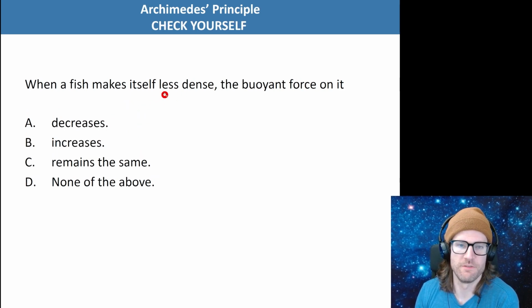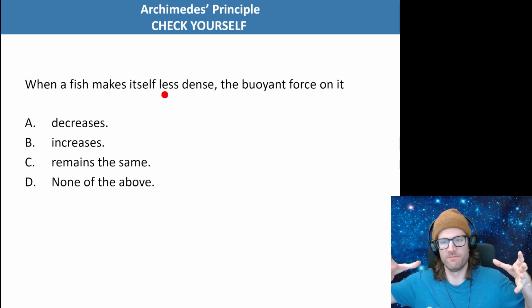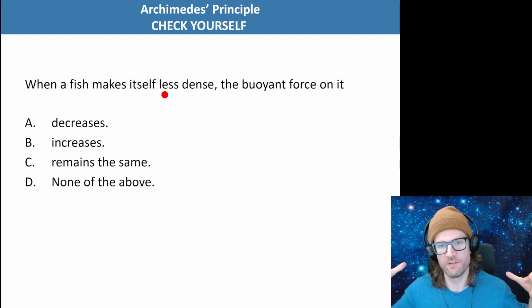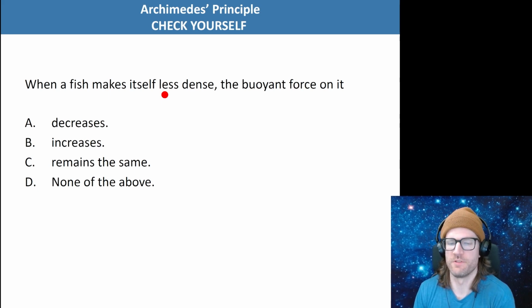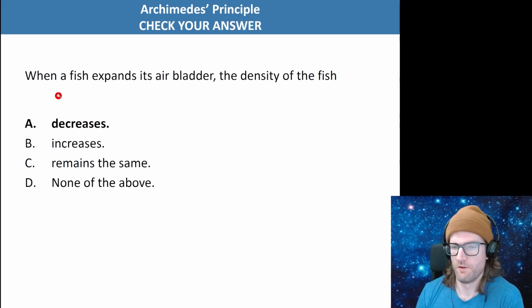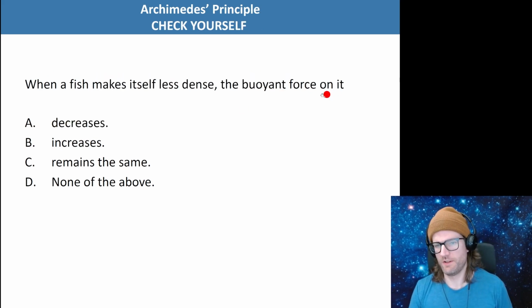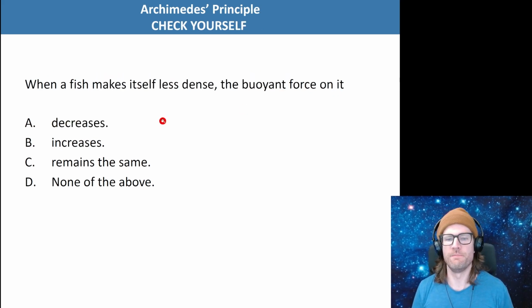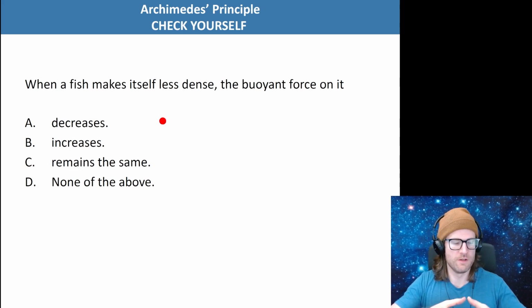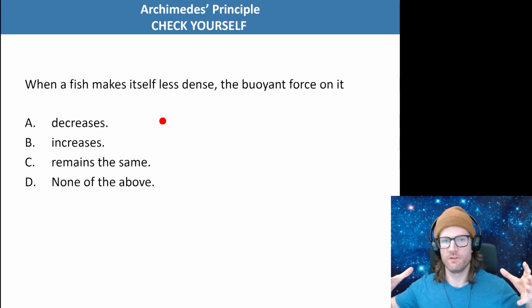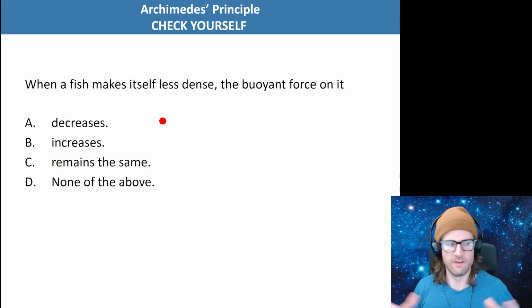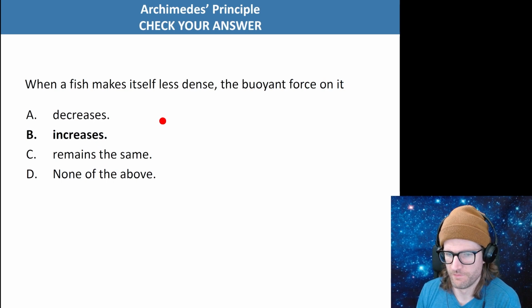When it makes itself less dense, it's increasing in volume, which means it's displacing more water, which means the buoyant force increases.